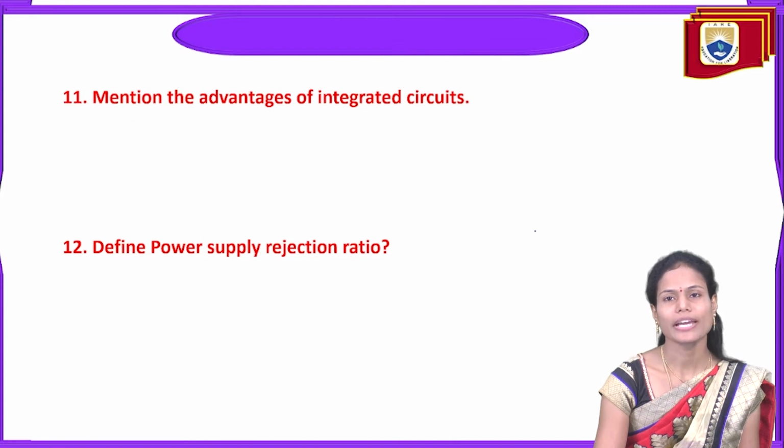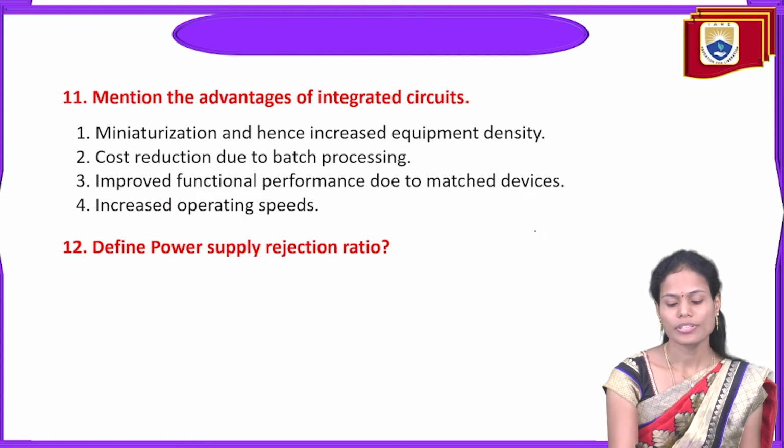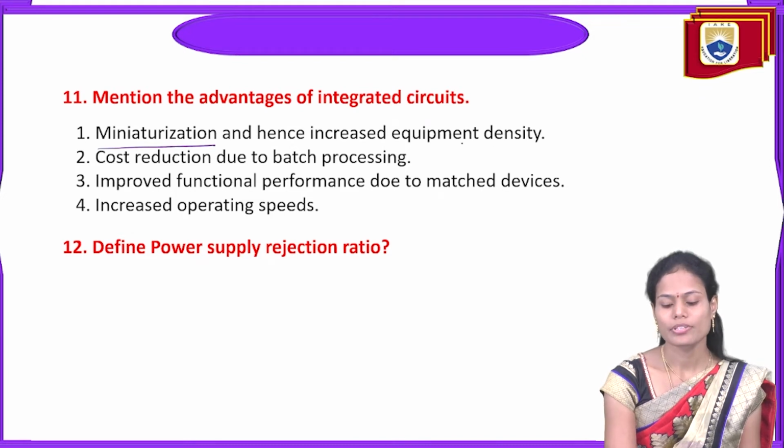And next, mention the advantages of integrated circuits. So the first advantage is that the size of the IC is very small, and the equipment density will improve because of the small size, and the cost is also less due to batch processing. That is, so many ICs we can produce at a time.